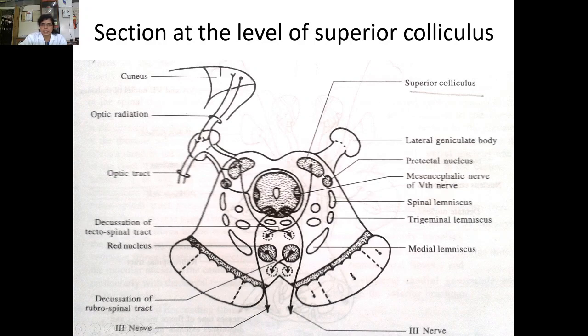Then one structure is present, that is the pretectal nucleus, which lies on the superolateral aspect of this superior colliculus, and this pretectal nucleus plays an important role in the pupillary light reflex.